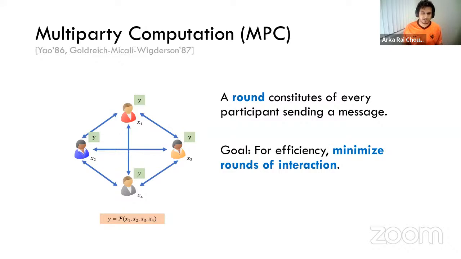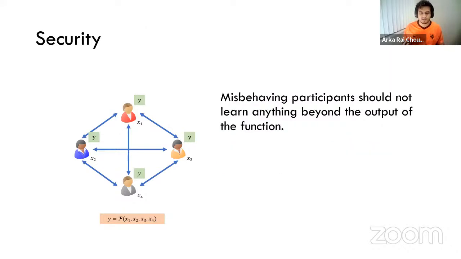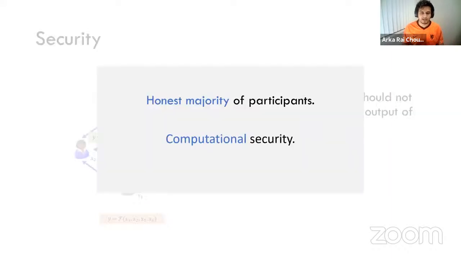So you also require some additional security properties, which roughly say that you don't learn anything beyond the output of the function. We've also seen MPC comes in various flavors, and we've seen some different flavors in prior talks. So what we consider is the setting where a majority of the participants are honest, and we only consider security against adversaries that are computationally bounded.